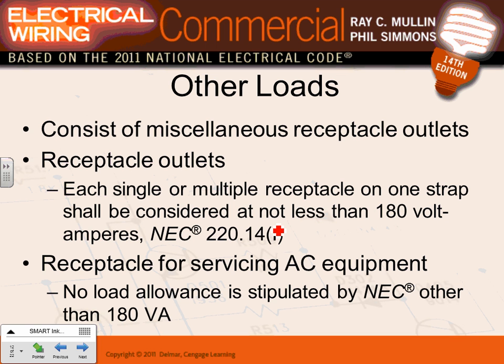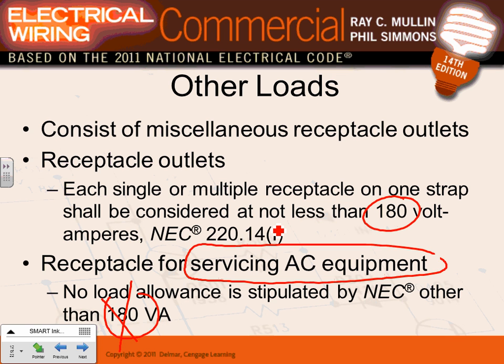Receptacles: you multiply 100 volt-amps per single or multiple receptacle, 2 straps on one, right? Remember that one? And we have an AC receptacle required to be within 50 feet and within sight of the AC systems, the air handling unit. This does not apply to it. Remember that receptacle you have to have within sight of the air handling unit and HVAC equipment.